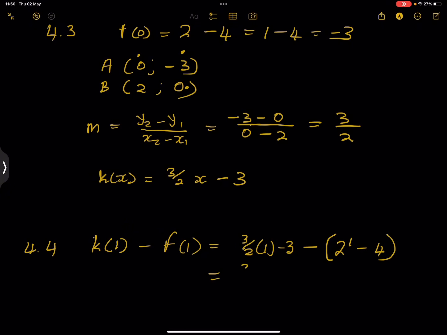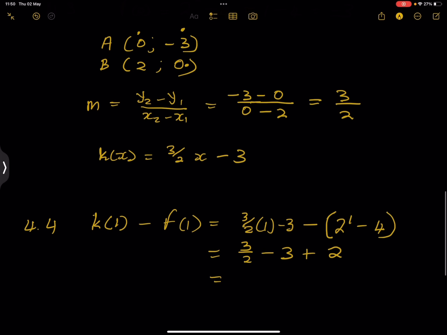Now note, inside my bracket, I've got 2 minus 4, which is negative 2, but multiplied by that negative in front, so that would be plus 2 over there. So 2 minus 4 will be negative 2, times the negative there, that becomes positive 2.